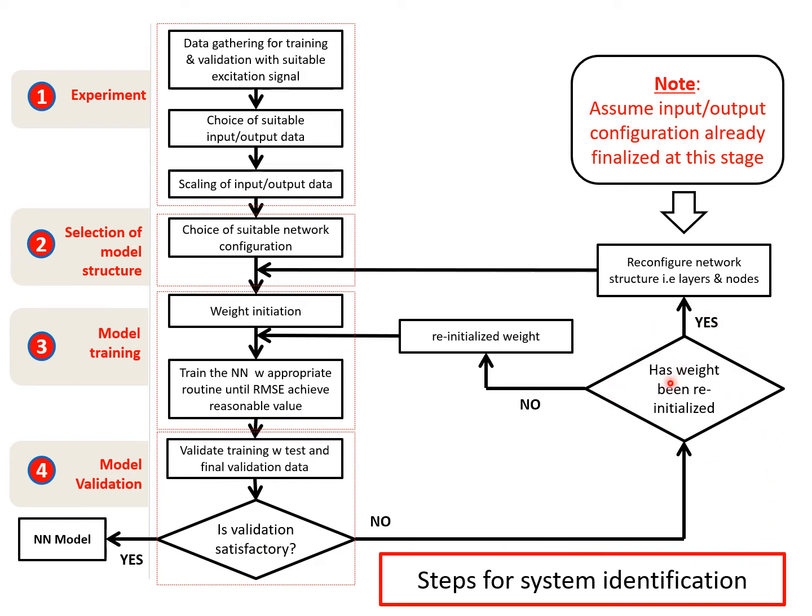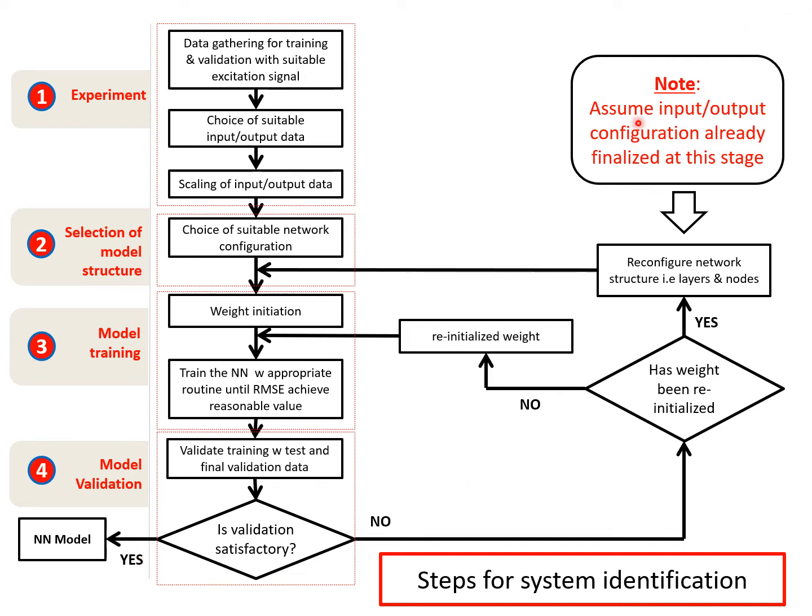Sometimes we initialize the weights again, but since they are randomized, it is not such a big issue. And then the most important, we reconfigure the network. Change the number of nodes. If there are already many nodes, change the number of layers. It's also possible to change the activation function that you use. All those different topology changes can be done here, and go back until you get the error criteria that you want, which satisfies the validation.